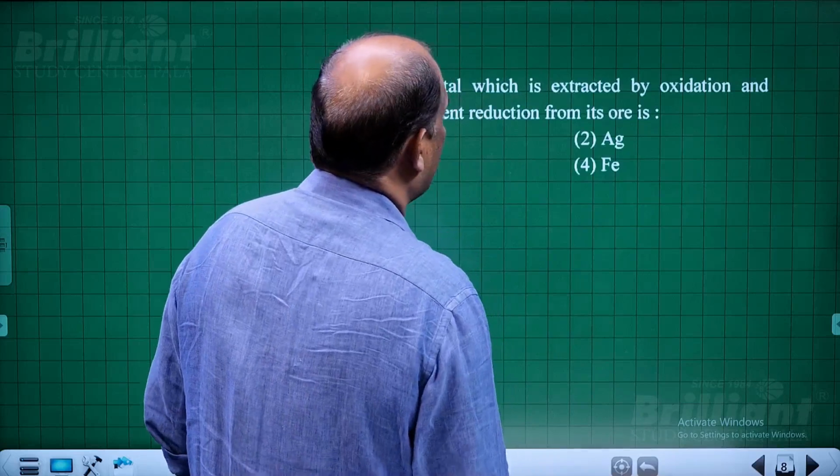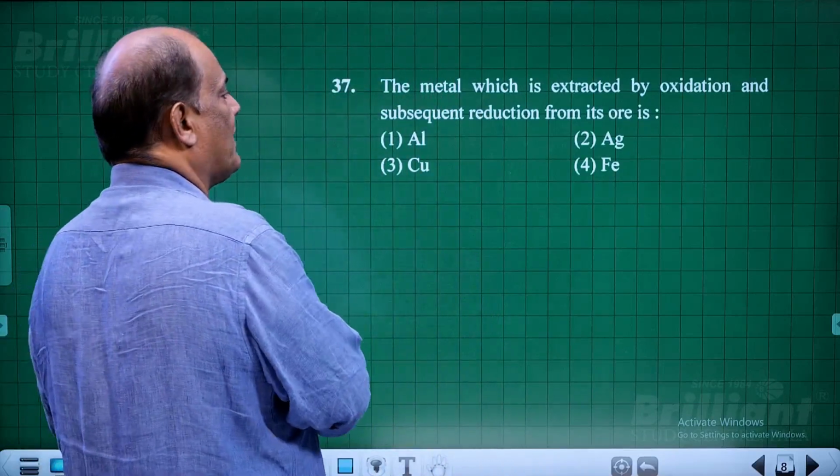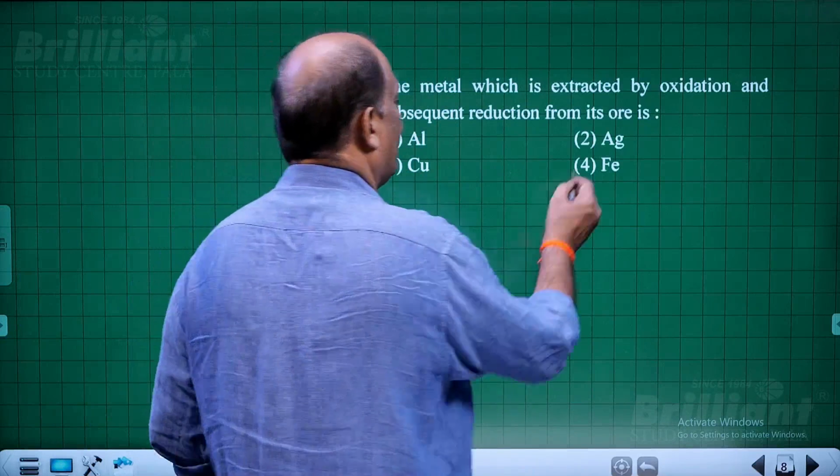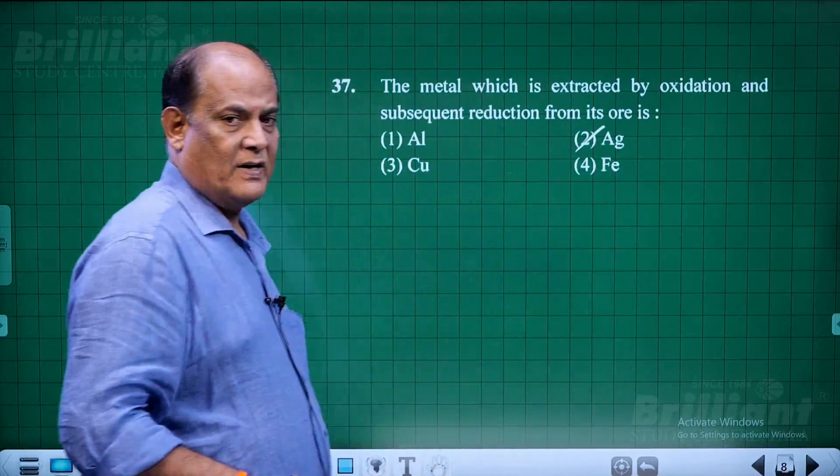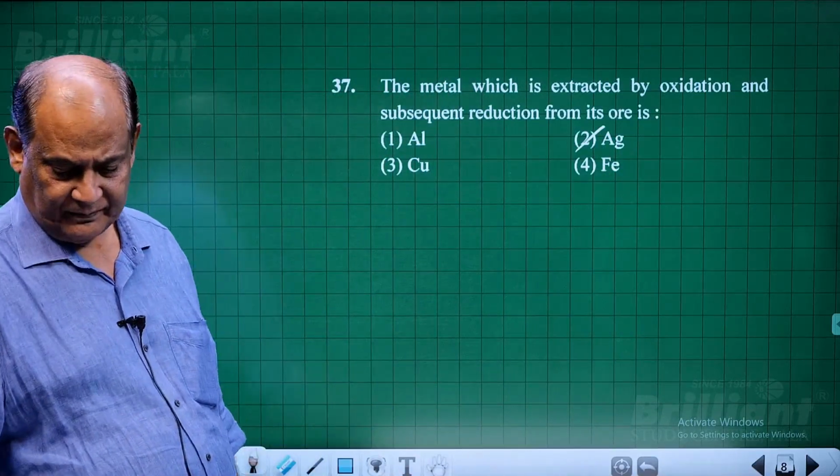The metal which is extracted by oxidation and subsequent reduction from its ore. This is the what? Again silver. Silver generally what? It is going to be like this.